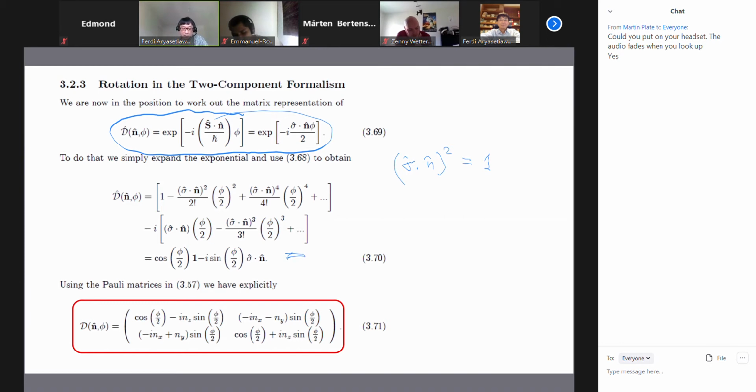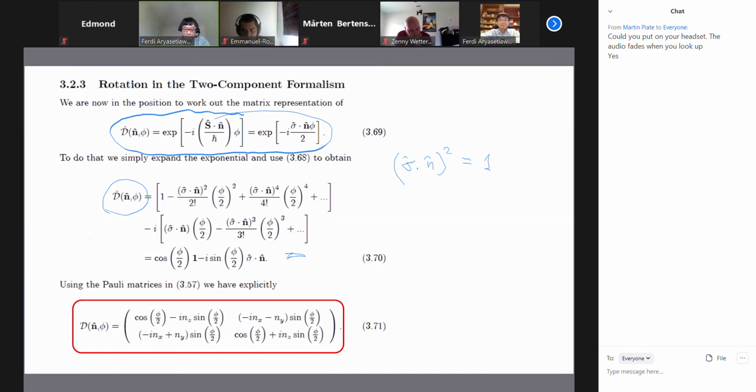So if we then use the Pauli matrices, this is the rotation operator here. Now we worked it out in the up and down states of the spin half.